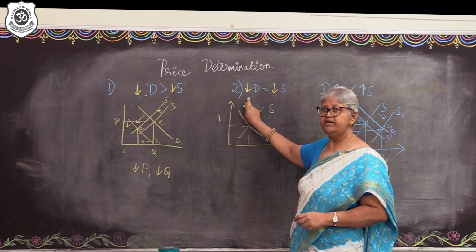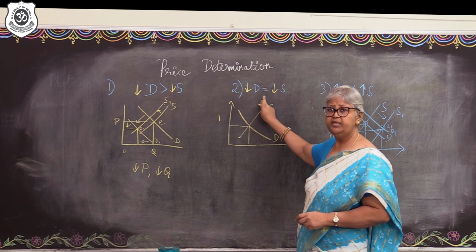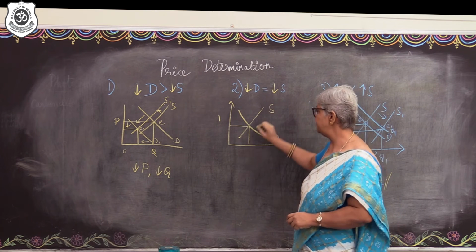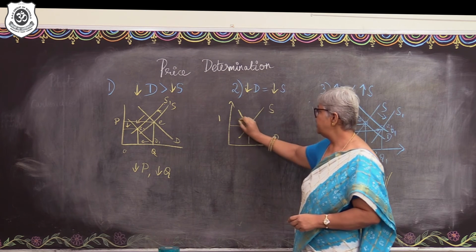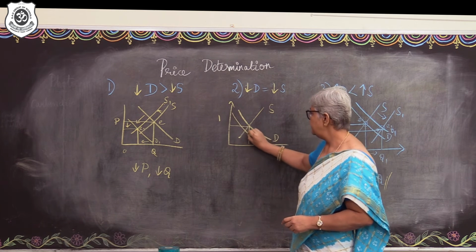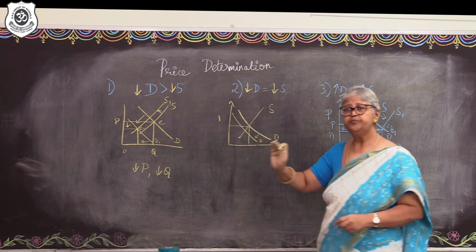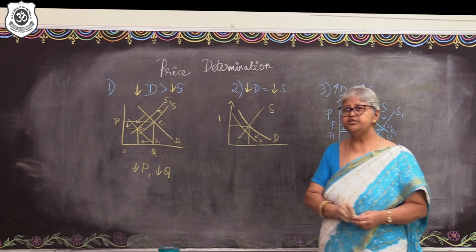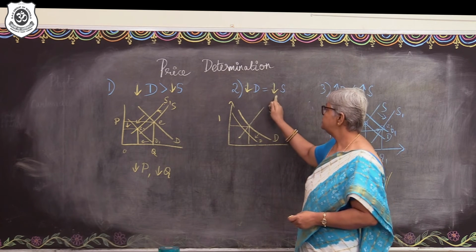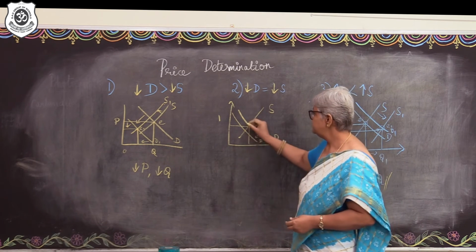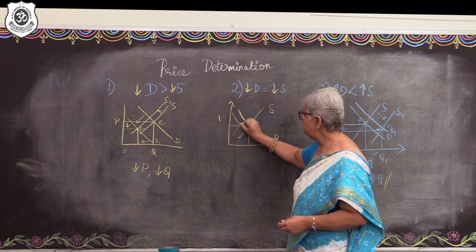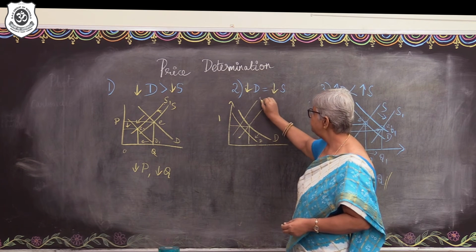Now, what is the change in the demand? There will be a fall in the demand, right? And that is simply going to be equal to the fall in the supply. So, fall in the demand can be understood as a leftward shift, right? So, from D to D1, the demand curve is going to shift, and then fall in the supply, right? So, fall in the supply is going to be equal to the fall in the demand.